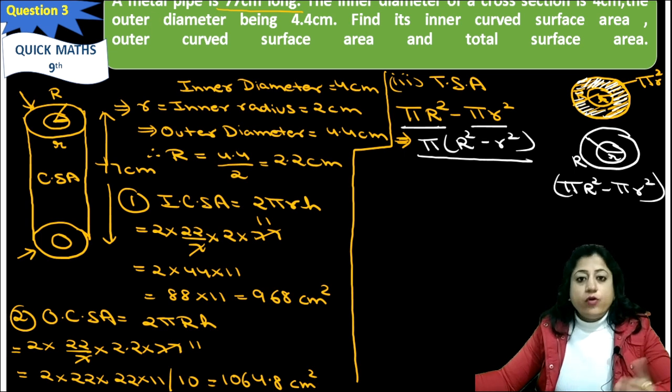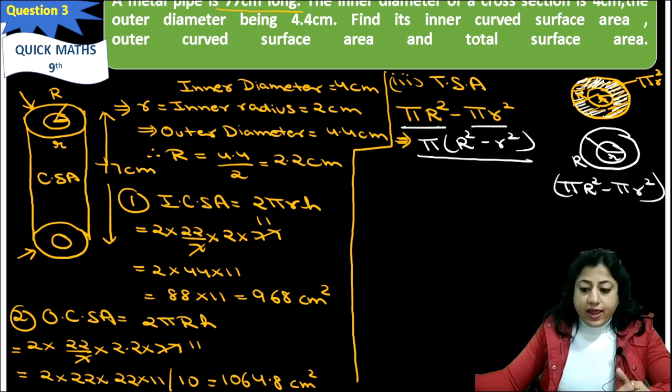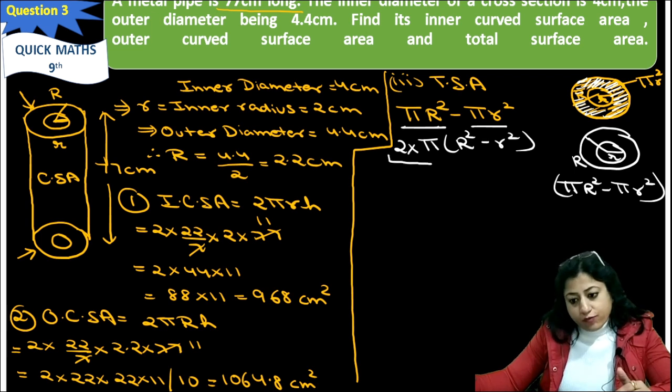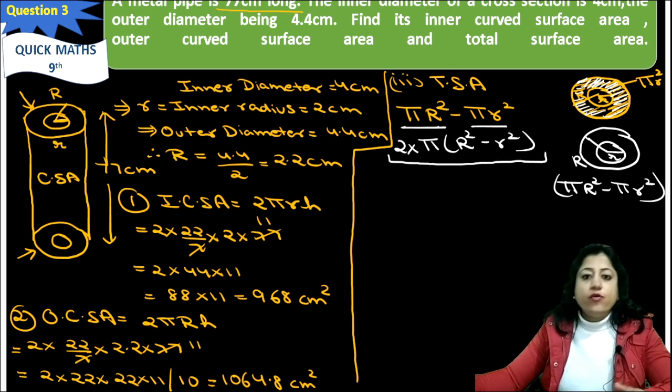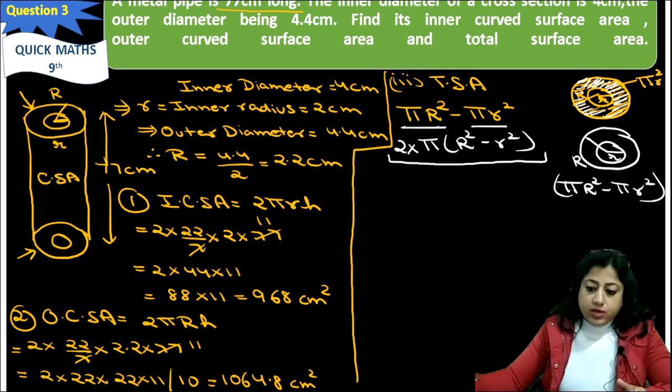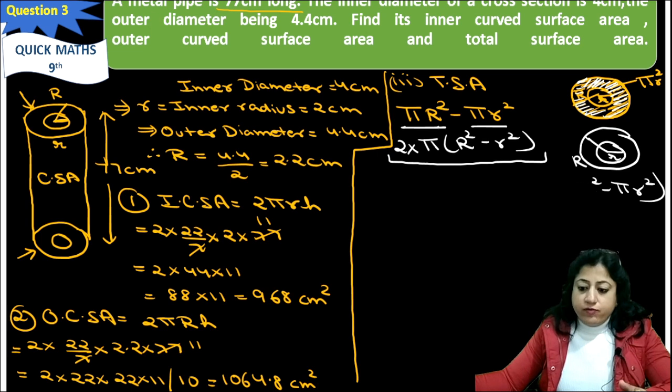So for top and bottom we can multiply it with 2. Why? Because the same formula for thickness exists for top as well as for bottom. So it will be 2 pi into R square minus r square. We will put the parameters here and just calculate it.